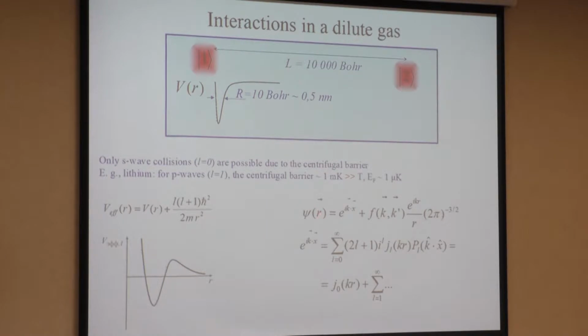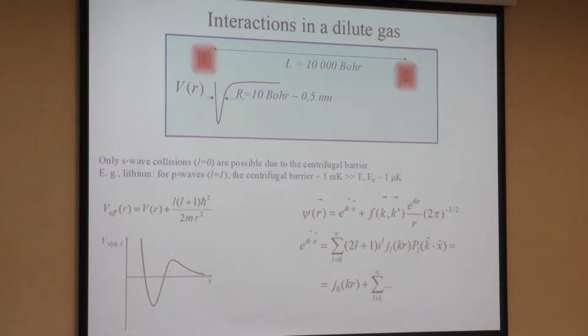R is the distance between the two atoms, and the solution is the state of the free unbound atoms, the plane wave for non-interacting atoms, plus the result of scattering, the outcoming scattered wave. And the potential for each partial wave can be written as effective potential, which is the sum of the real potential plus the centrifugal potential.